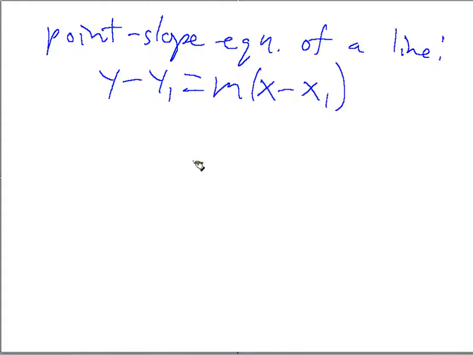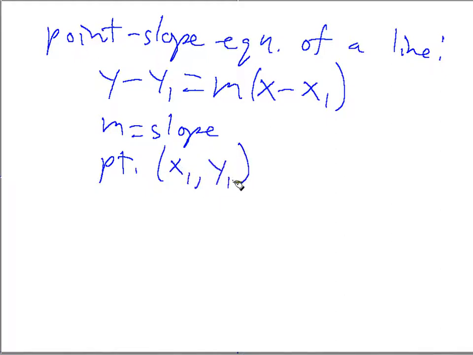We know m is the slope, and the point given to us is not x, y in this case, it's x1, y1. Slightly different, but really the same idea.